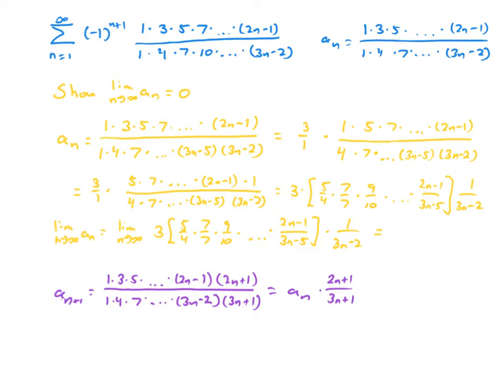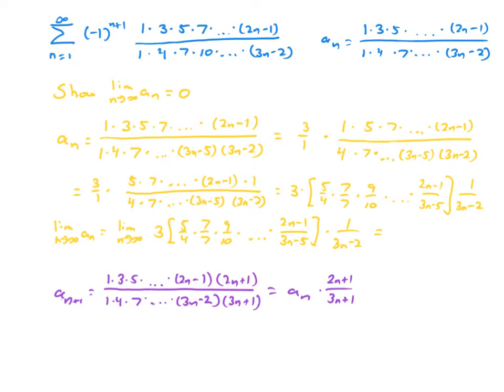So the first thing I'm going to do is take the 3 and the 1, and pull those out. So I'm going to have 3 over 1 times everything else. Now we're going to take this 1 and move it to the end.